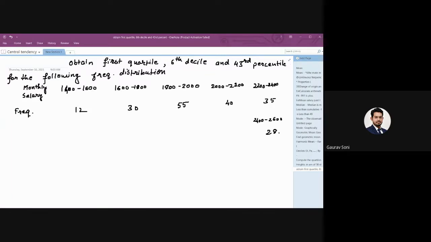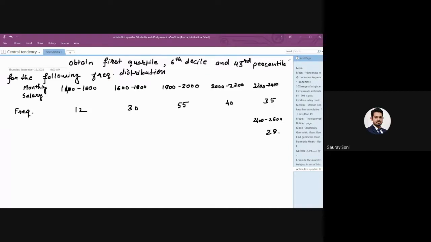So how will we do this now? What is the difference between the previous one and this one? Previous was the raw data and now this is a continuous one.